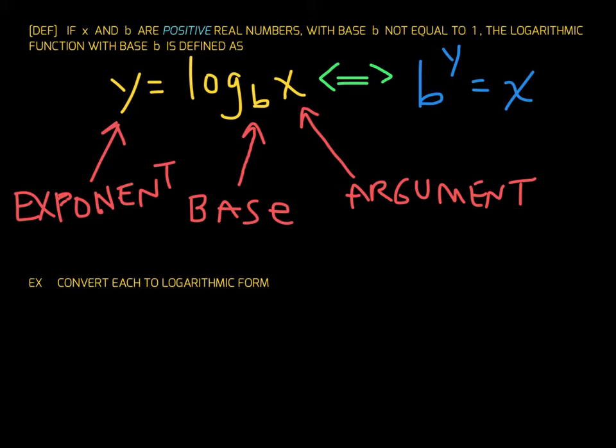The very first one is 3 to the power 4 is 81. This is an expression written in exponential form. You want to write it in log form. So here we go. When we write this in log form, we do the following.